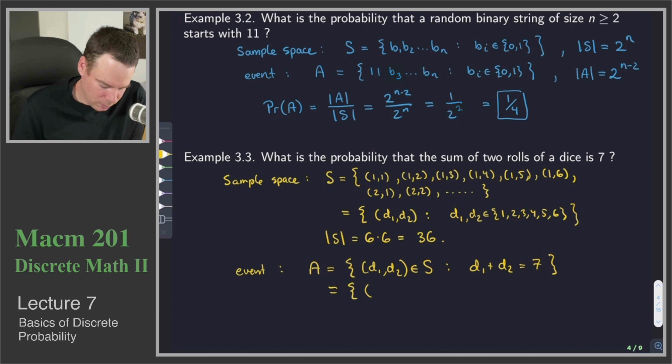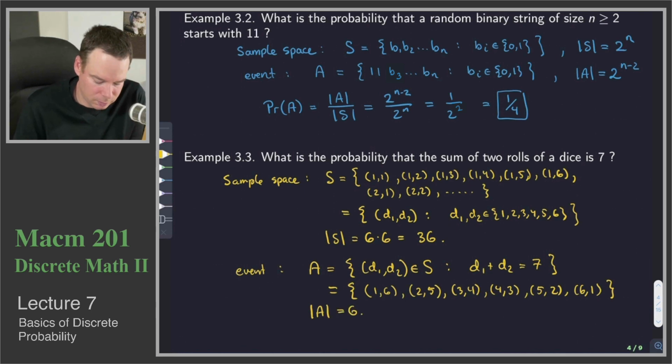Well, we'd get 1 and 6, for example, or 2 and 5, or 3 and 4, or a 4 and a 3, or a 5 and a 2, or we could get a 6 and a 1. So there are 6 possible ways that we could roll a 7.